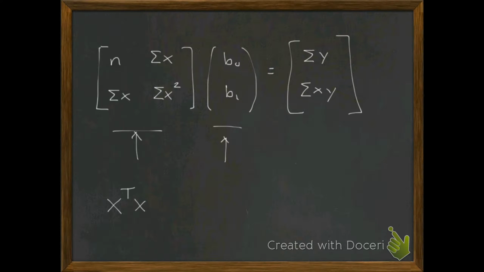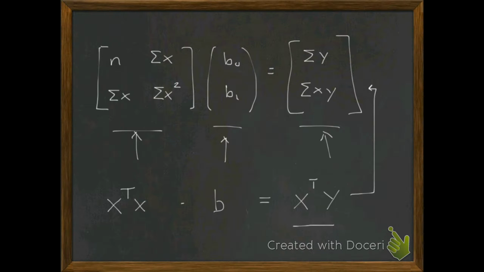We should know that this is beta. And it's a well-known fact also that this 2x1 matrix is x transpose times y. Now, I think I've actually proven that, or at least illustrated that for you in a previous video. If not, just sit down and create, for example, x transpose and multiply it by y, and you'll see that you get this.